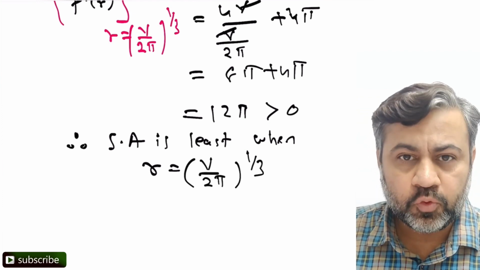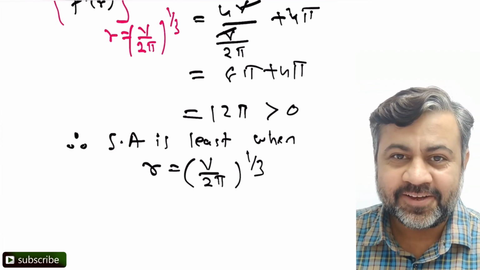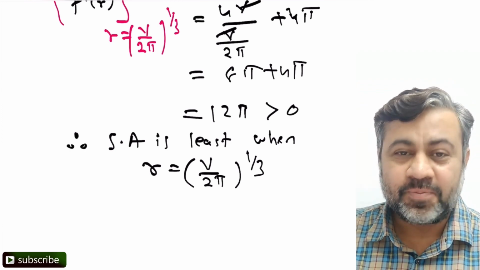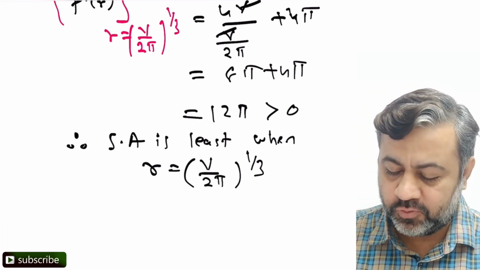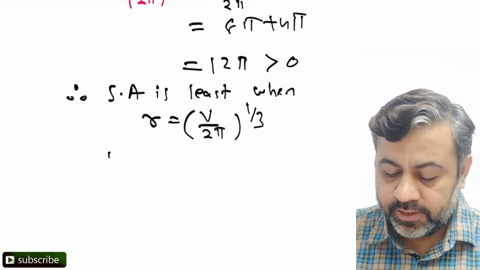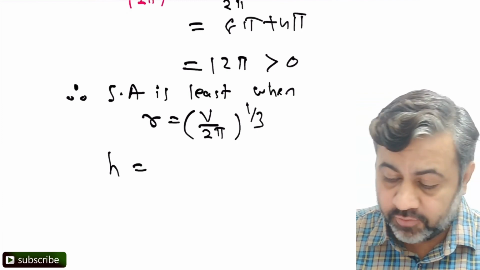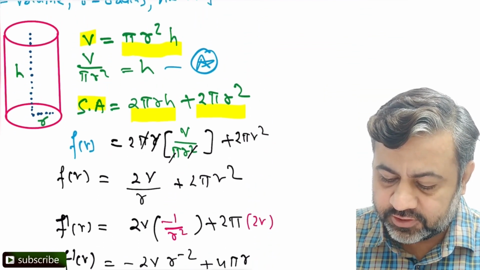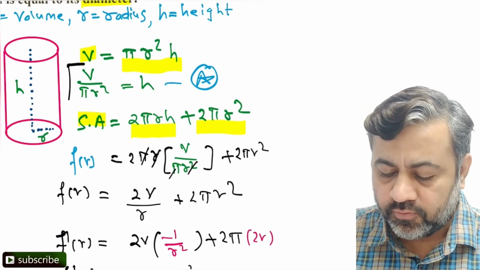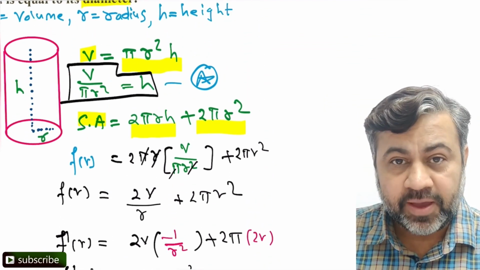But what I wanted to prove in this question is that height is equal to diameter. Means height is equal to 2 times radius. This is basically what we want to do. Now what is height? In the very first step, we have taken height to be equal to v by pi r square.